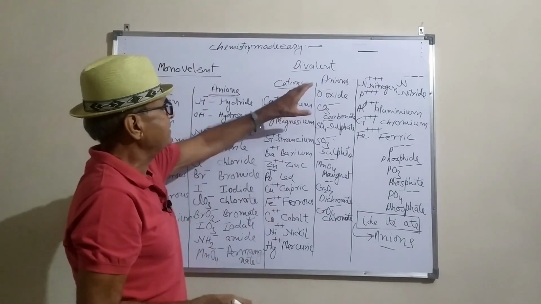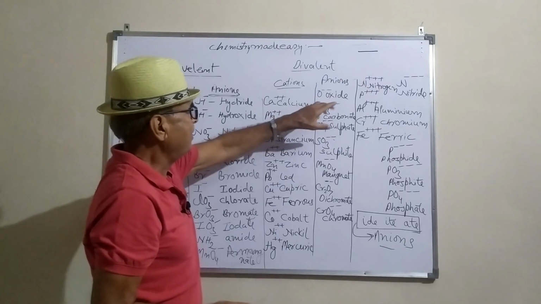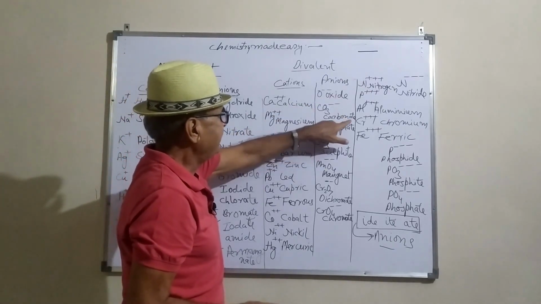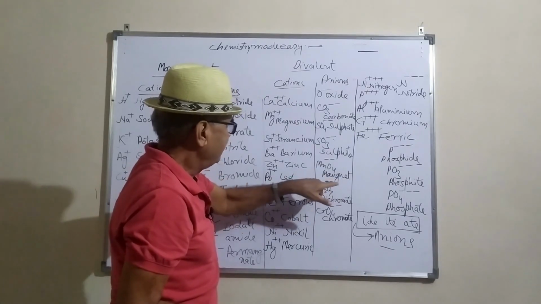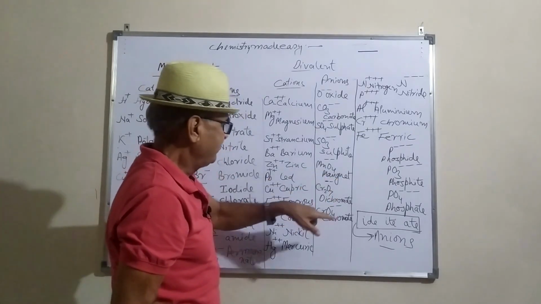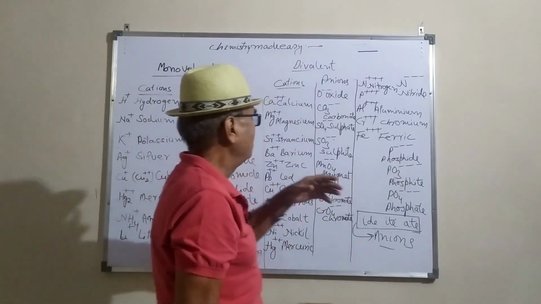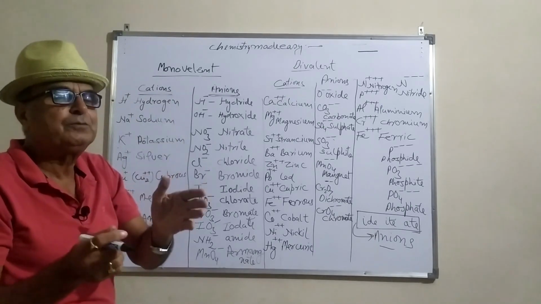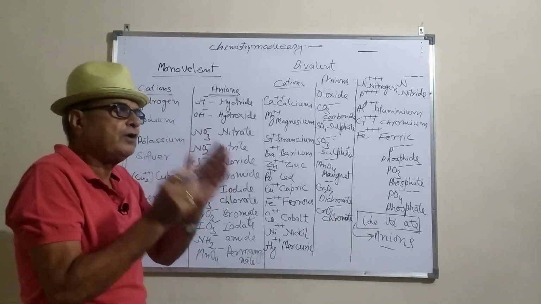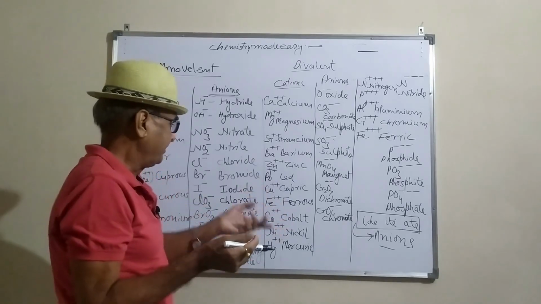All the anions will end with ide, ate, and ite. So you can identify from the ending of the ion whether it is a cation or anion.